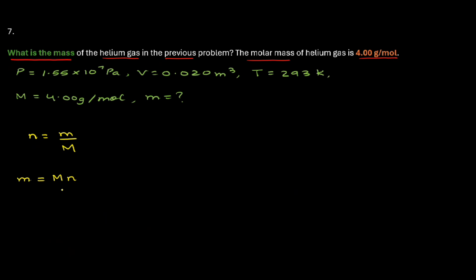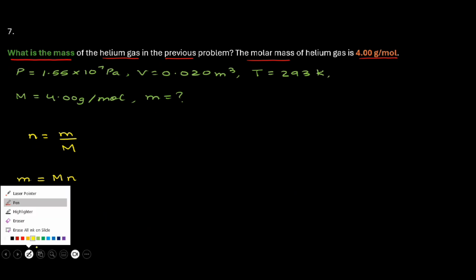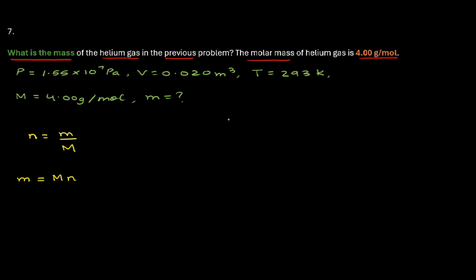I have the molar mass capital M, but I do not have the number of moles. In order to calculate the number of moles n, I'm going to use the ideal gas law equation and come back to this part. Ideal gas law says that PV is equal to nRT, where capital R is the ideal gas constant, which is 8.31 Pascal meter cube per mole Kelvin.